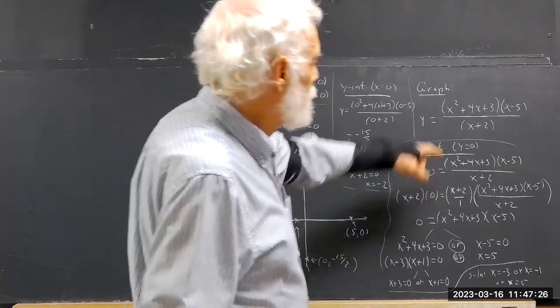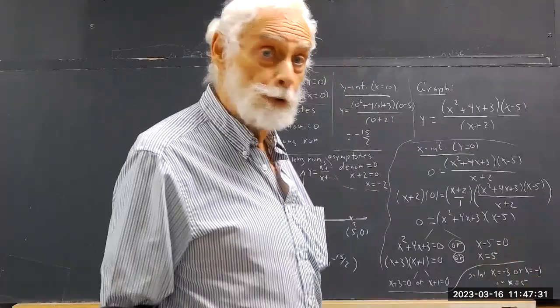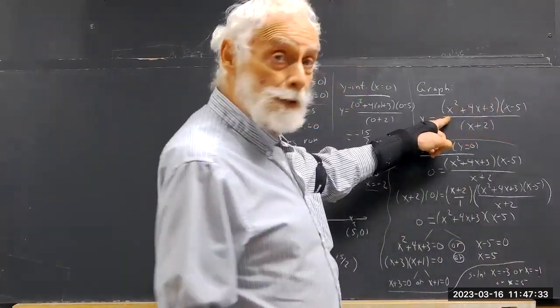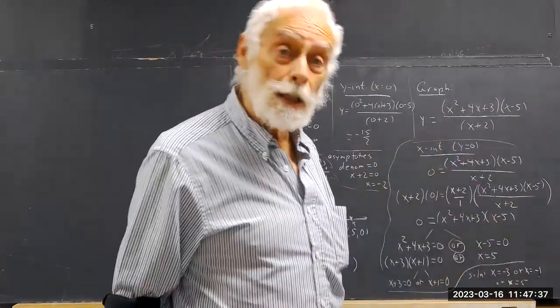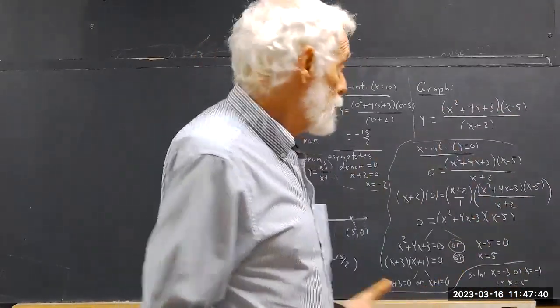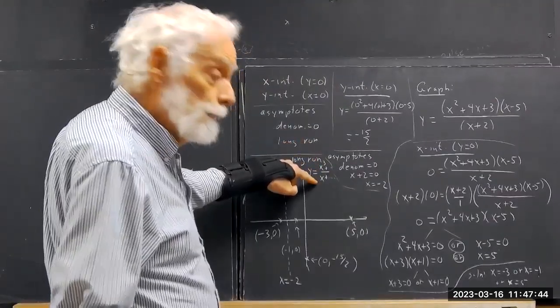Y ultimately is x cubed plus a bunch of stuff over x plus a bunch of stuff. Why x cubed? Well, if I multiply this x by this x squared, which this says to do, I get an x cubed and I don't get any higher power of x. And we use the highest power of x here and the highest power of x in the denominator.